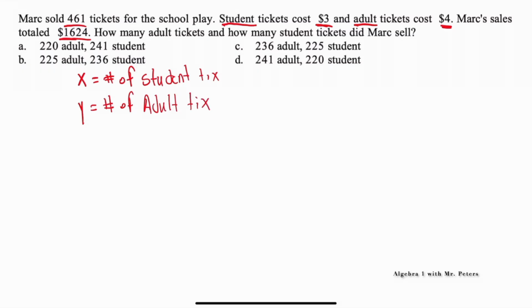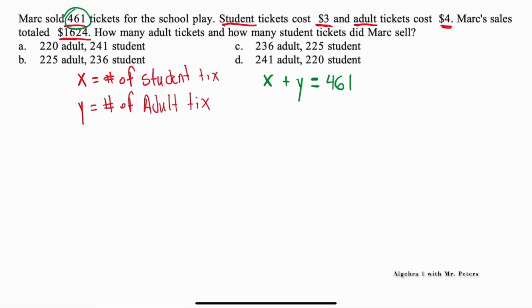So now we need to create both of our equations. So let's do it like this, because they try to trick you. So we sold 461 tickets. What does that mean? That means when we add the number of student tickets plus the number of adult tickets, this is going to give us 461 total tickets, it told us.